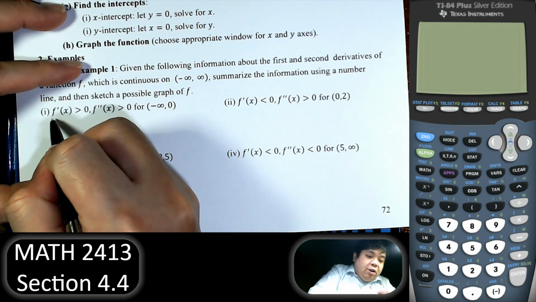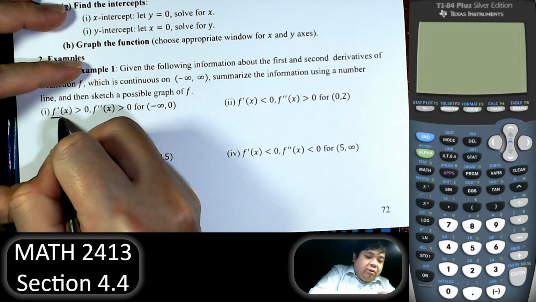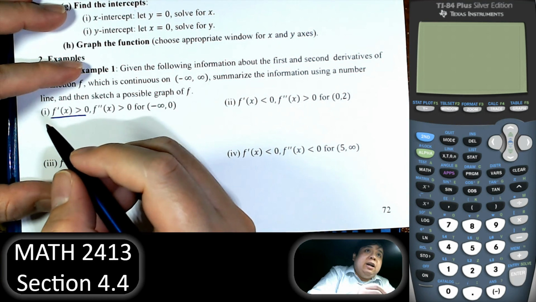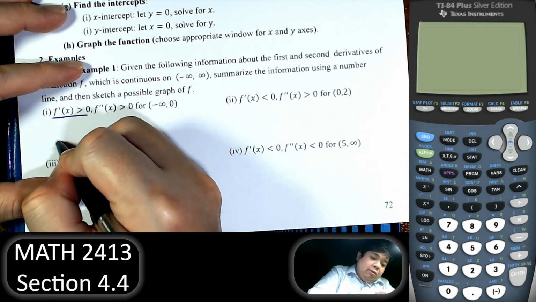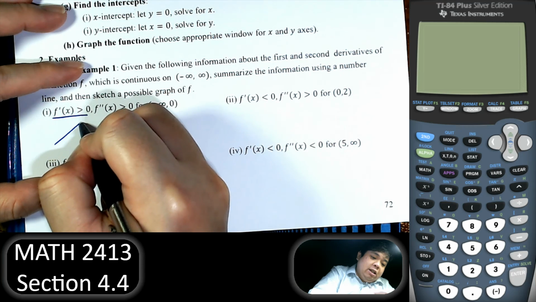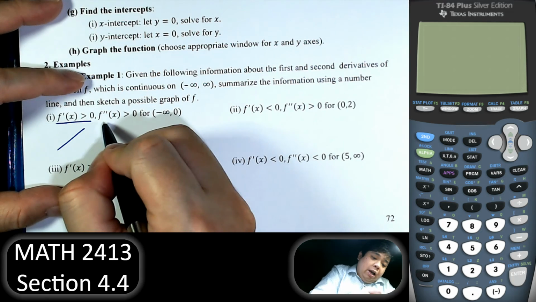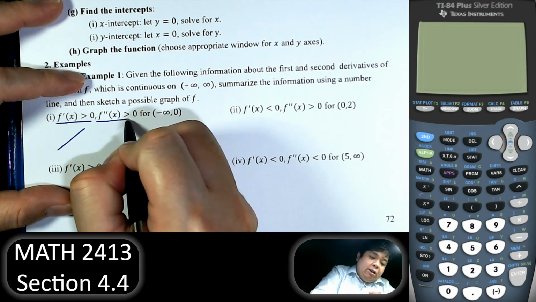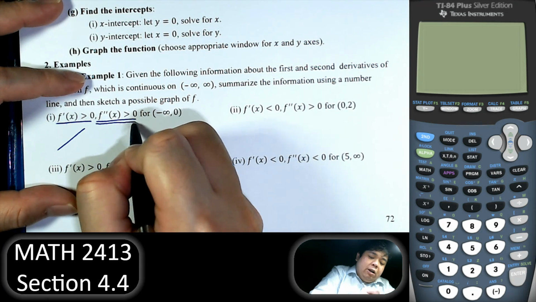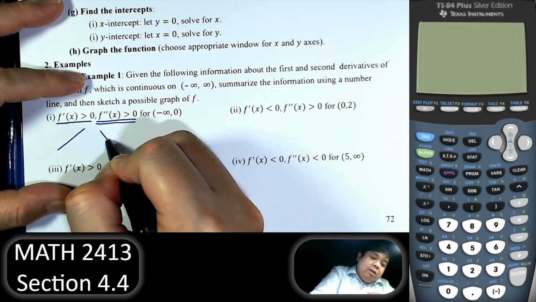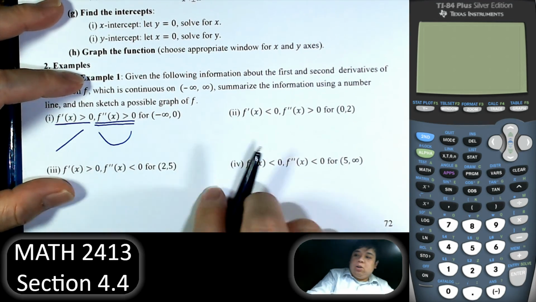First, if the derivative is positive, that means the function is increasing. And then the second derivative is positive. That means it's concave up. So think about this.